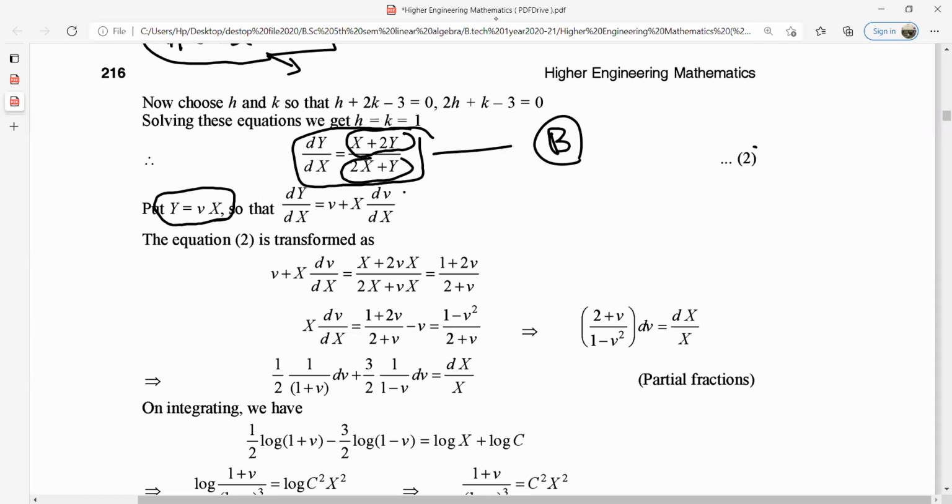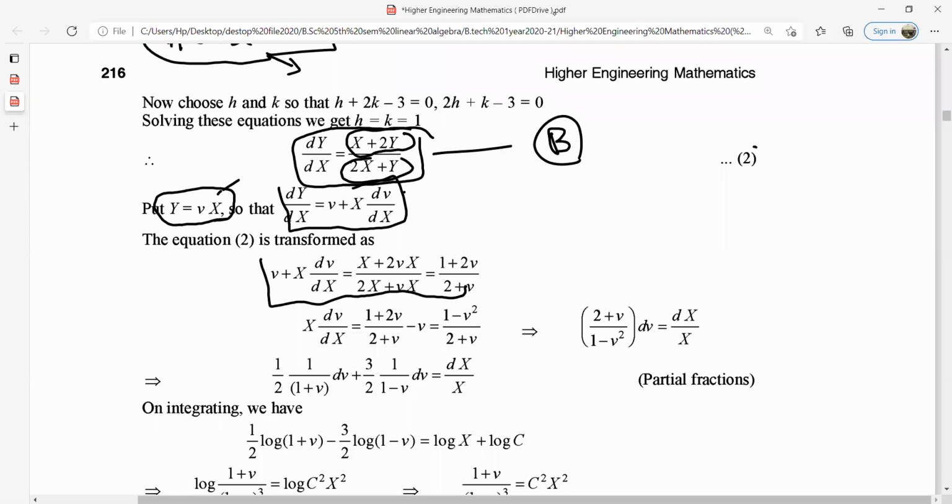After that, differentiate this expression, and we get another expression like this. These two values put into equation b, we get this expression.